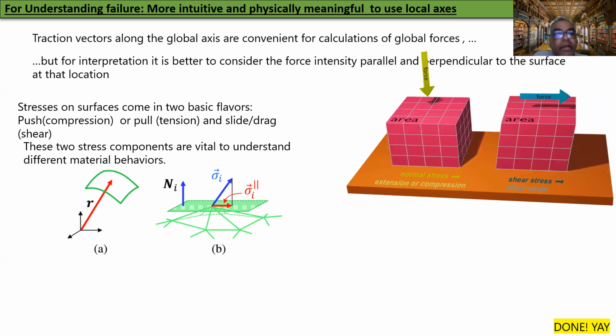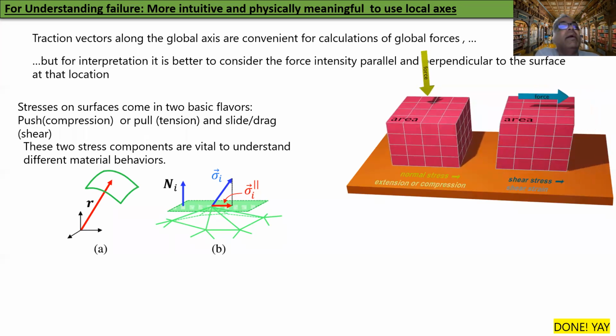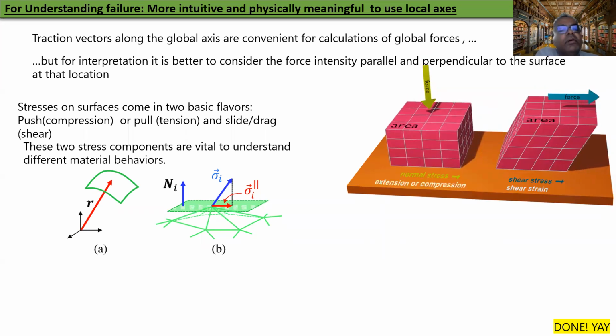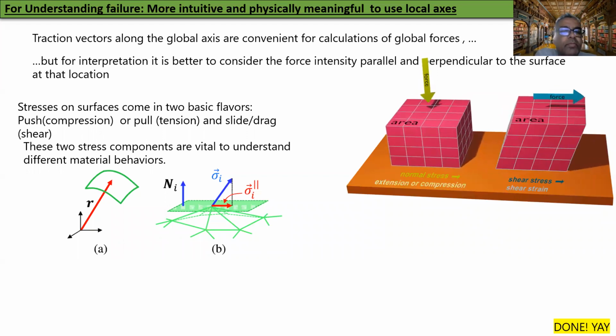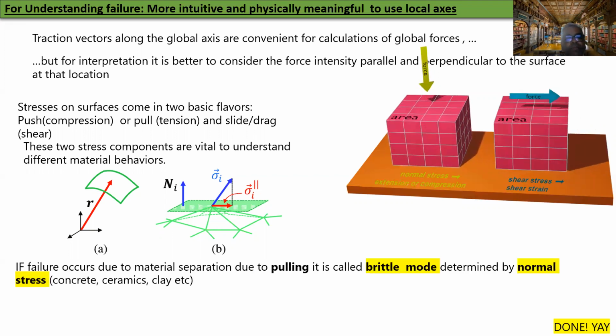We don't have to do it. We can use the slanted blue arrow all the time, but it is convenient to break it up into the horizontal red arrow and the vertical blue arrow, in particular for interpreting failure cases.